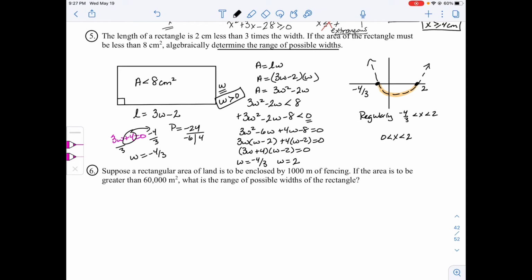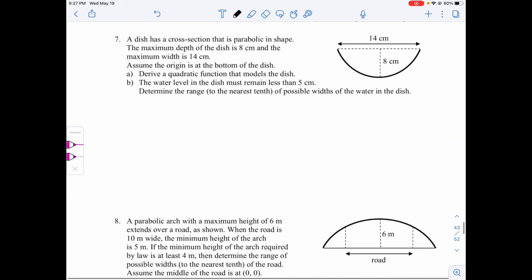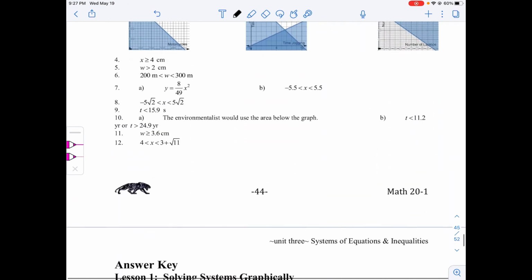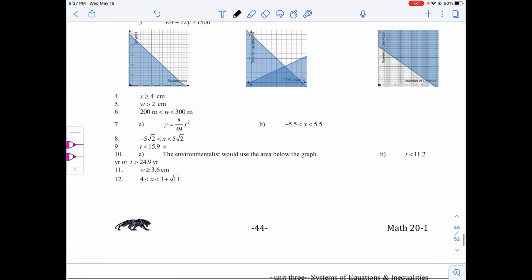It has to be greater than 0 and less than 2. Now I noticed the answer in the back actually says x must be greater than 2. If we look at this question here, our width must be greater than 2, but that's actually incorrect. It has to be between 0 and 2.